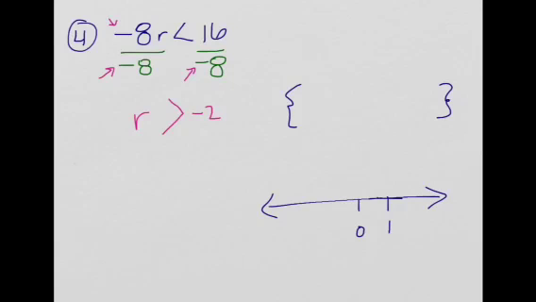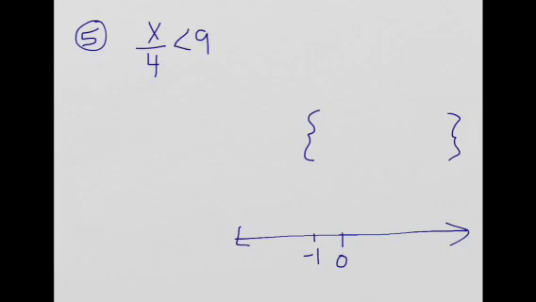So this is going to be all the values of r such that r is greater than negative 2. So we're going to go ahead and find our negative 2. It's greater than but not equal to, so it's going to be an open circle, and it's going to have all of the numbers that are greater than negative 2. Remembering your shortcut.